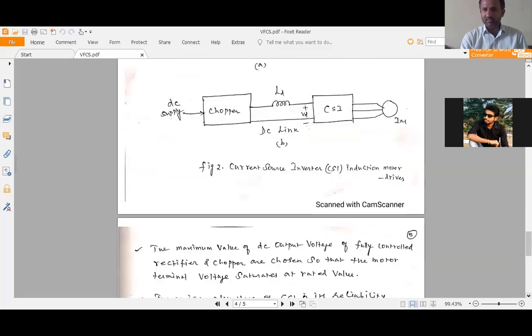The output of this current source inverter, CSI, is fed to the induction motor in order to control its speed.